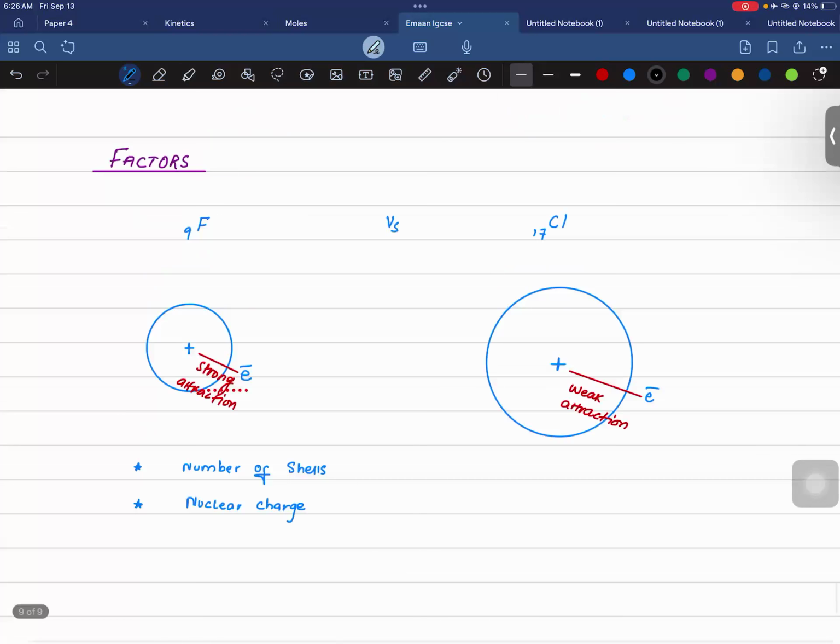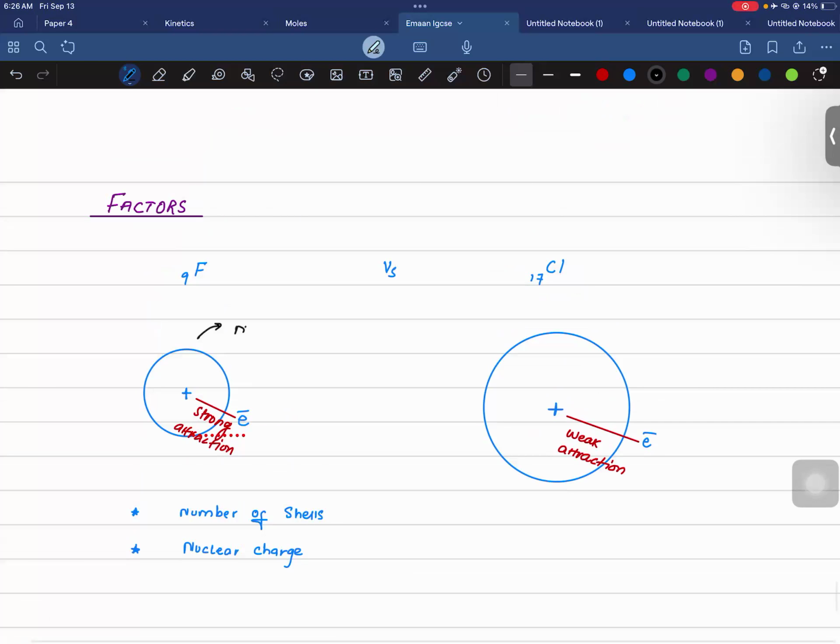So it's having a greater nuclear attraction, a strong nuclear attraction, and it's having a weak nuclear attraction.